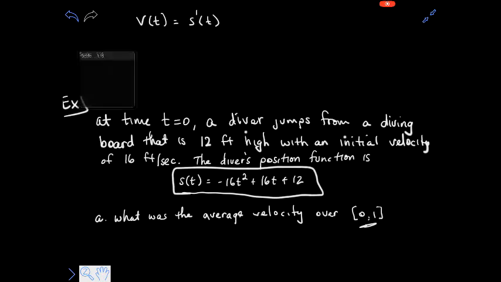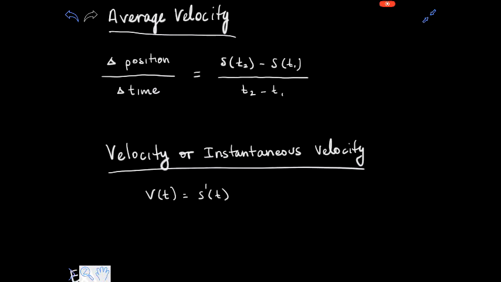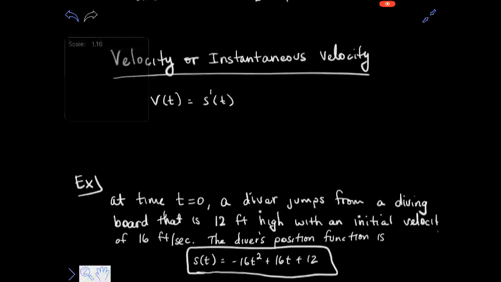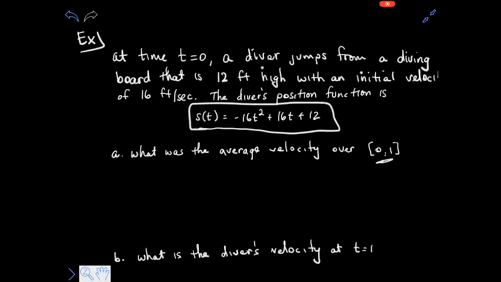So we're going to use the function: average velocity is just the change in position divided by the change in time. So we use the position function for this. So we need to know the position at 1 second, subtract the position at 0 seconds, divided by the change in time, which is 1 second minus 0 seconds.